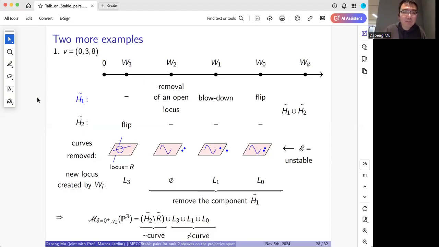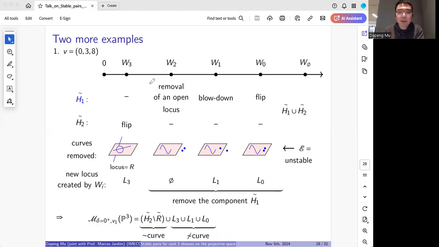The first one is this component H1 tilde, this HP tilde I just showed. When we cross W0, W1, and W2, this component undergoes a flip, blow down, and removal of an open locus. Up to this point, when we cross W2, this component is completely removed. That's the first thing, which matches the proposition I just showed.